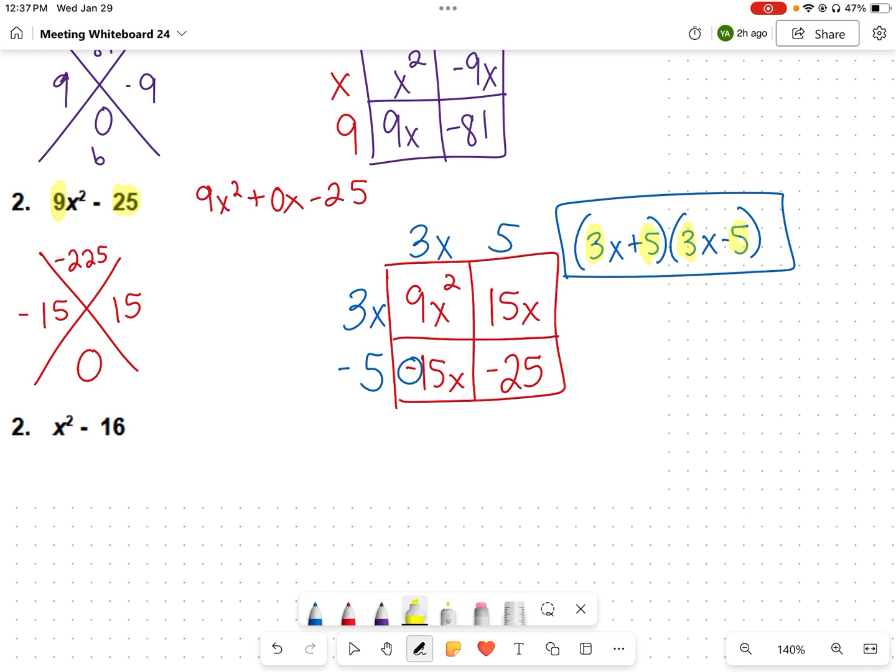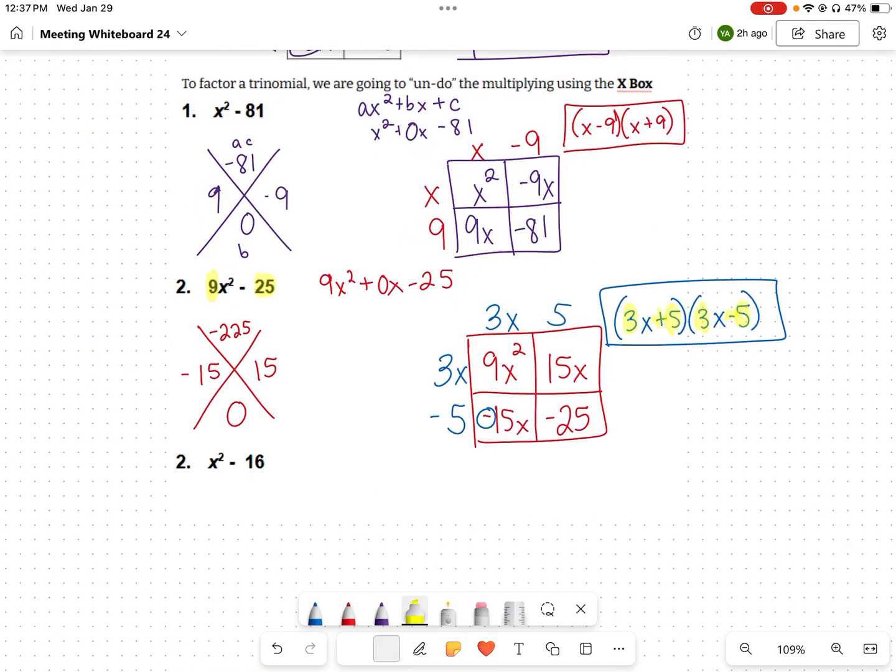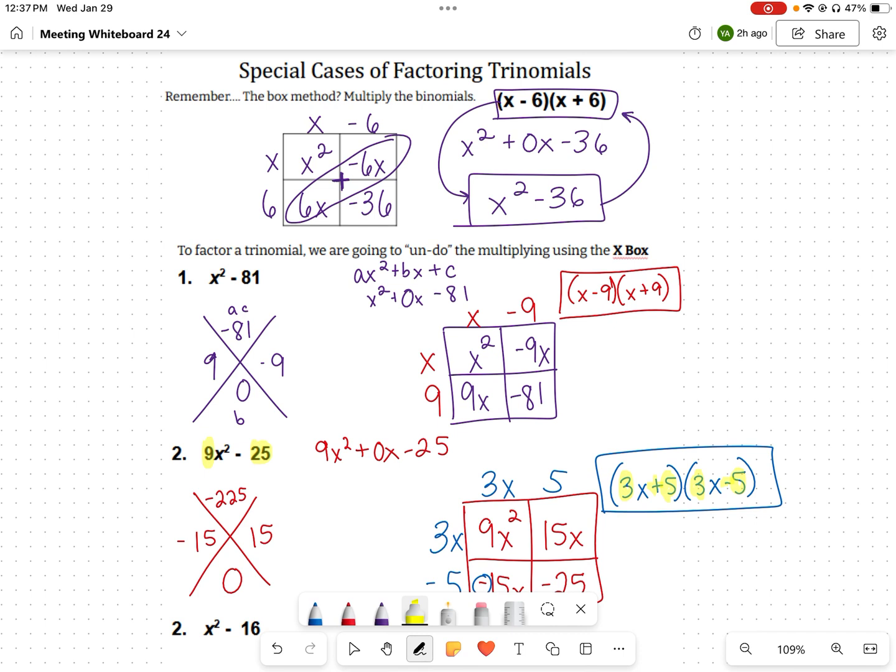And then they are different signs. One's positive and one is negative. So then over here on number 1, let's look at number 1 real quick. X squared is a perfect square. The square root of x squared is x. Square root of 81 is 9. So we get plus and minus 9.